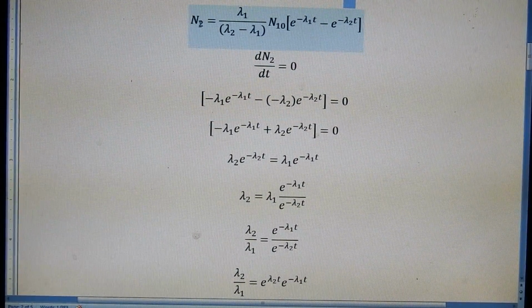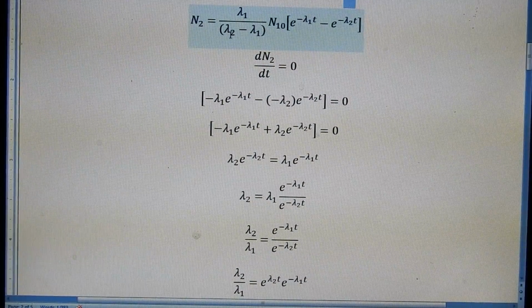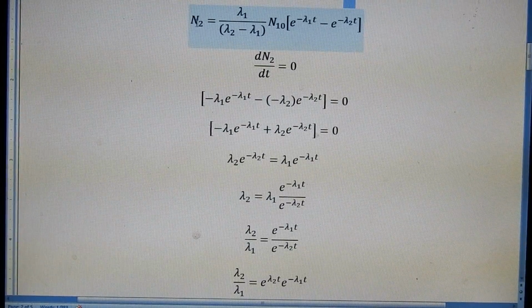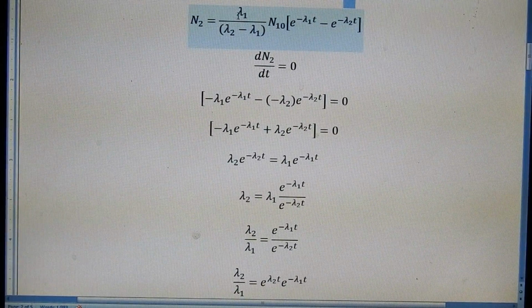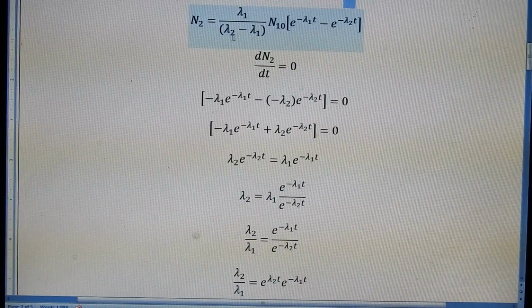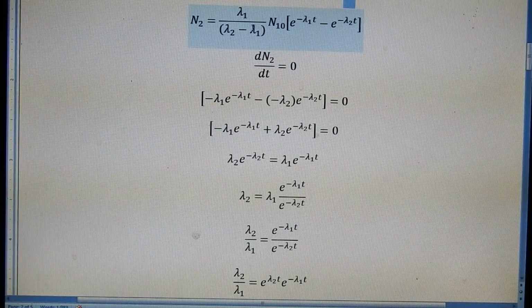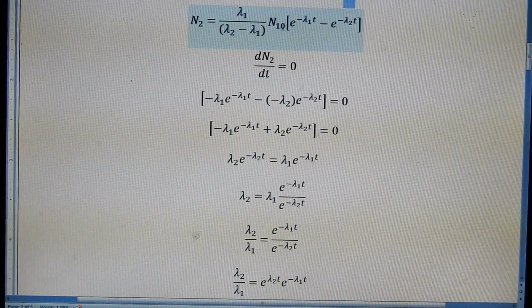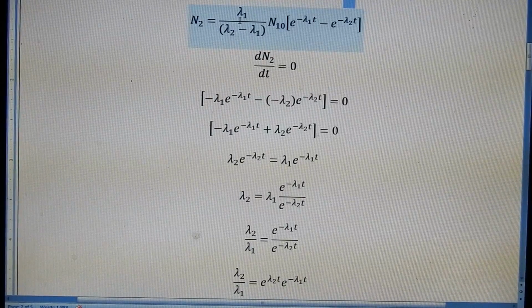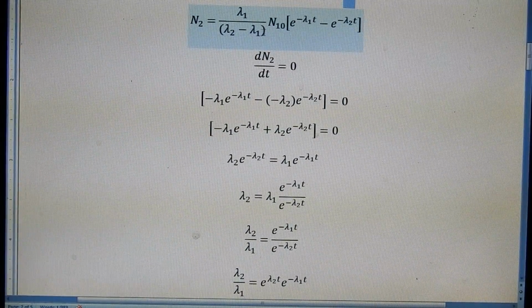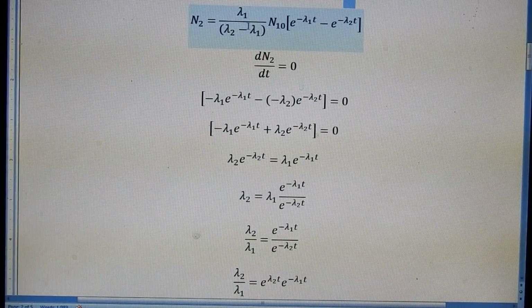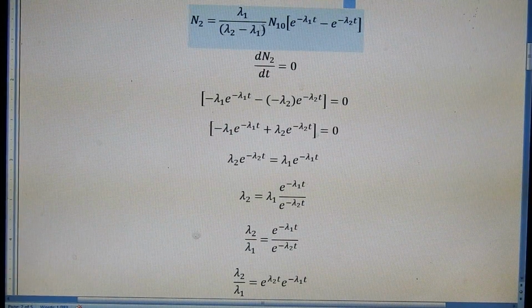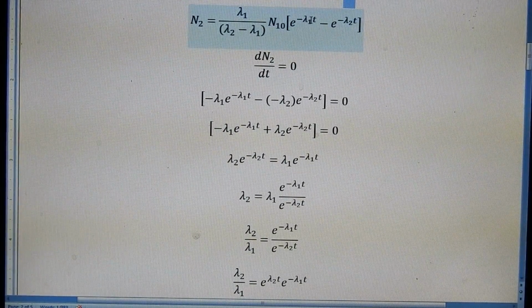If I substitute the differentiation of this value, dN2 by dt is equal to 0, with lambda 1 by lambda 2 minus lambda 1 as it is, times N1 0. If you take cross multiplication, this will go to this side, so it totally becomes 0. The remaining term is e power of minus lambda 1t.